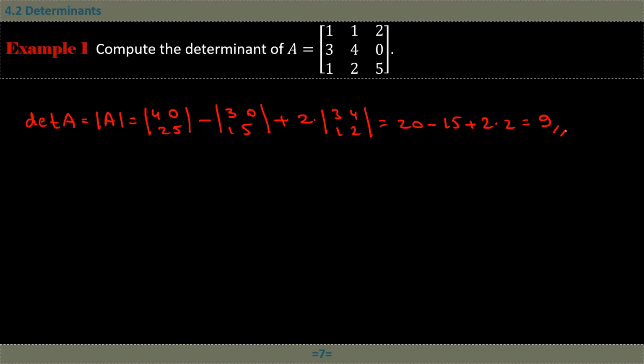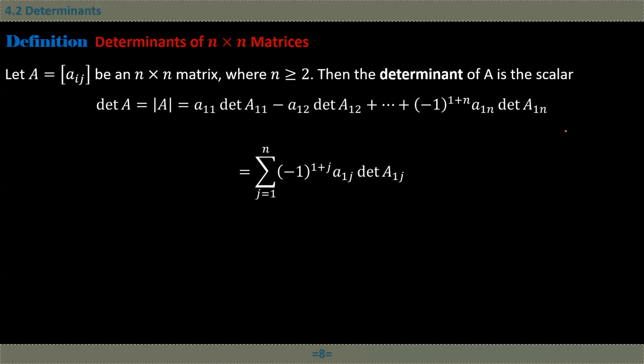And this is how we compute the determinant of a 3 by 3 matrix. So now let's give a definition for n by n matrices. So determinants of n by n matrices. Let A be this matrix, whose components are given by aij, be an n by n matrix. Here n is greater than or equal to 2.